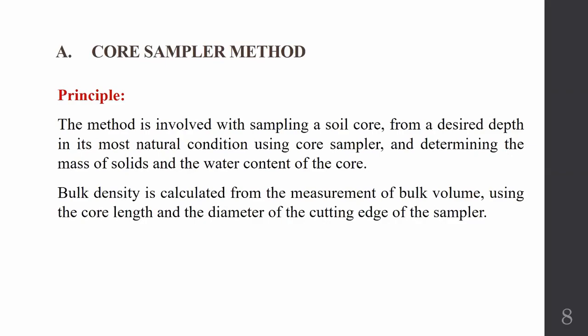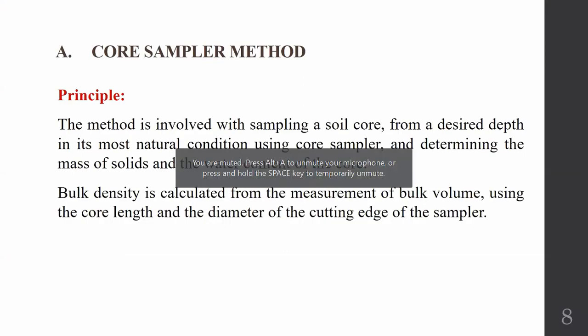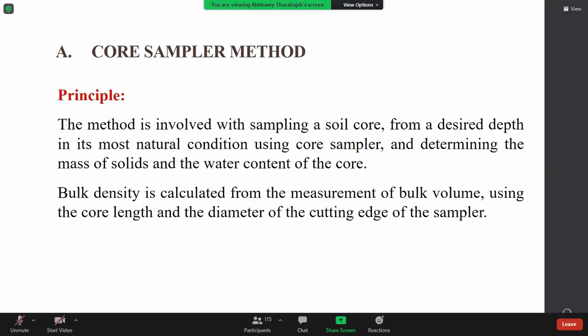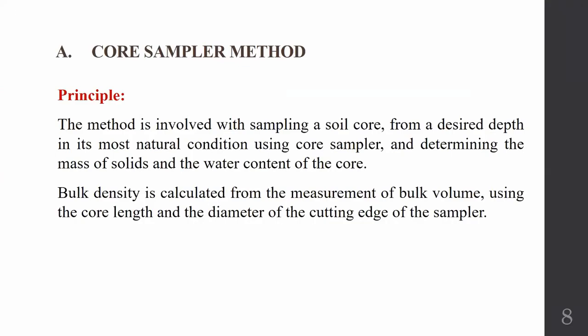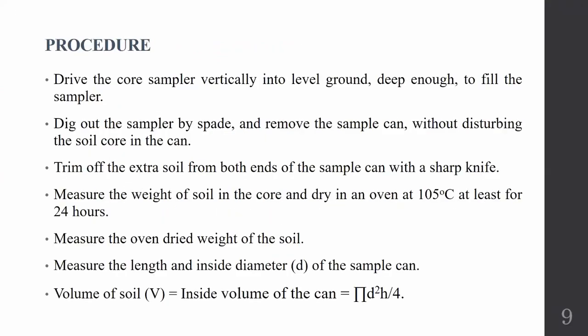Did you remember that equipment? I think you watched the videos also, how to get soil samples using the core sampler. Likewise, you have to take the samples using the core sampler, get those measurements and find the bulk density. This is the procedure that you have to follow during your practical.